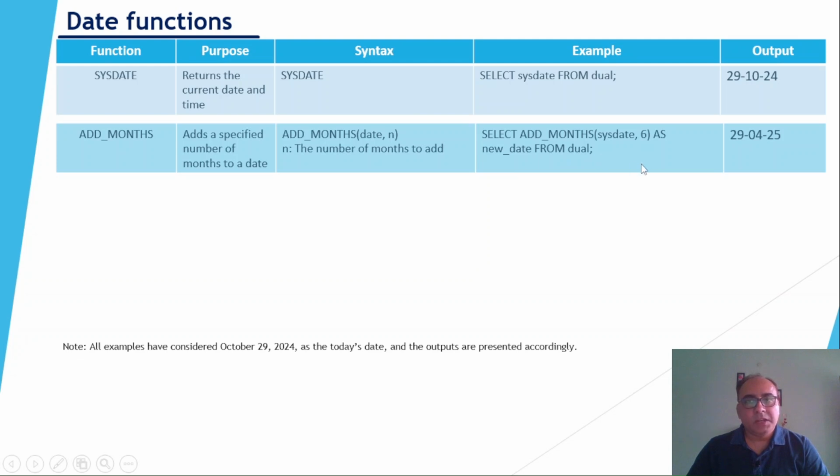What it will do? It will simply add 6 months to the current date. If today is 29th October 2024, then it will return 29th April 25. Just after 6 months, whatever is the date, that will be returned by this function.